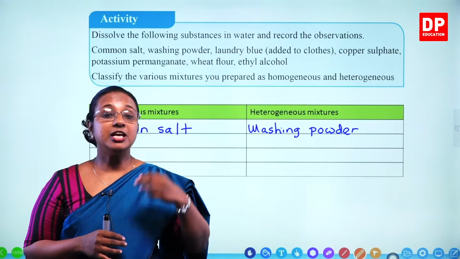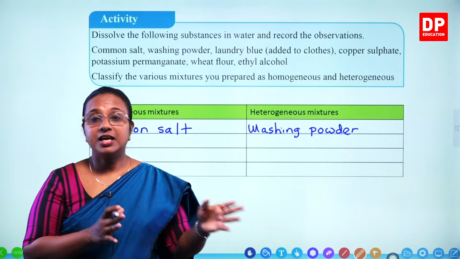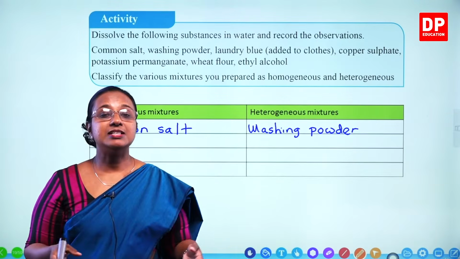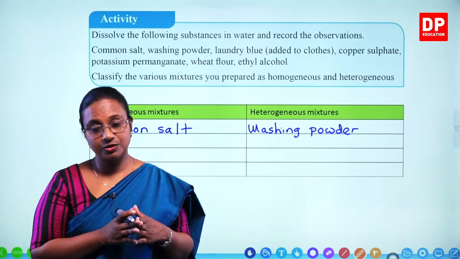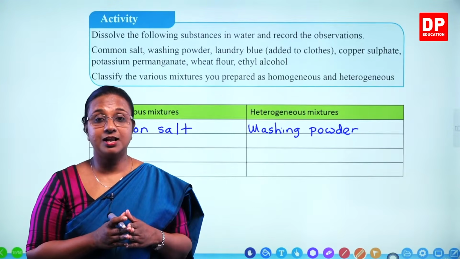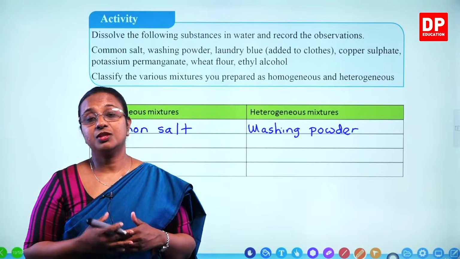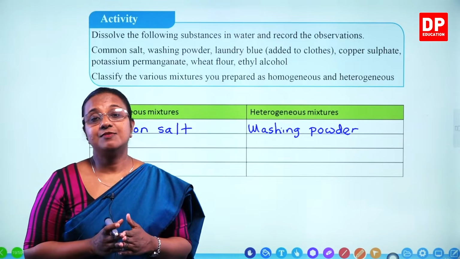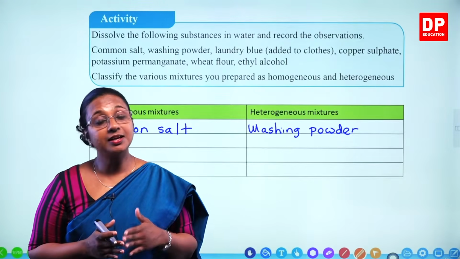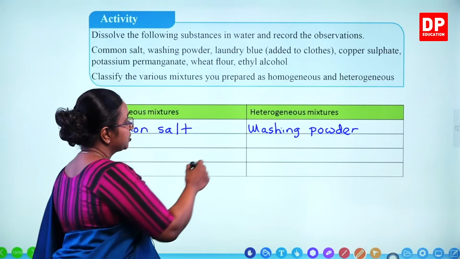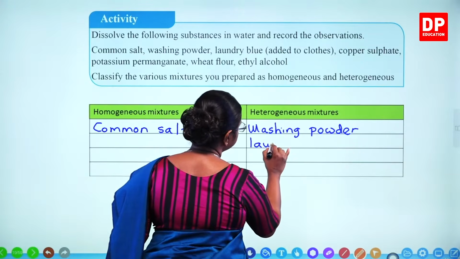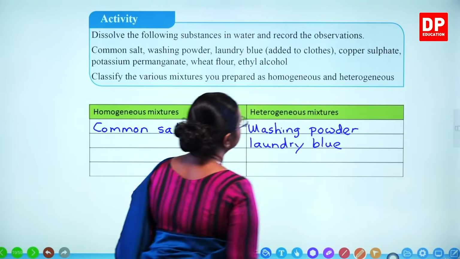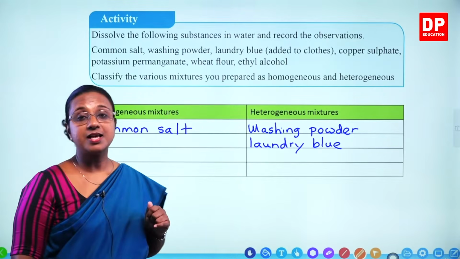The same way, if you soak your white clothes in laundry blue and leave it for a few hours, you can see at some parts of the cloth there will be darker color and some parts of the cloth will have light blue color. Again, that confirms that laundry blue is a heterogeneous mixture. So here laundry blue is a heterogeneous mixture.